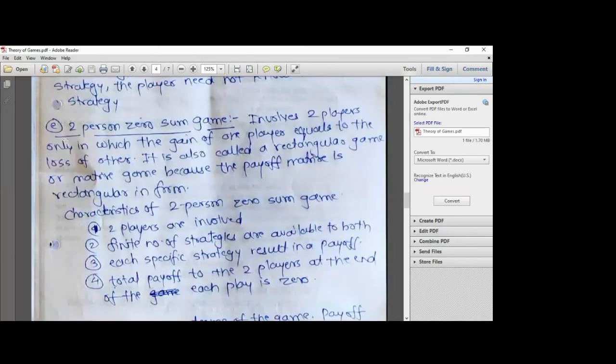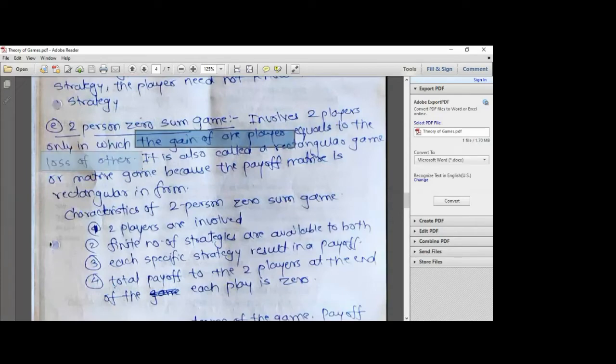It involves two players only, in which the gain of one player equals the loss of the other. I've already given the example: the gain of one of the players was +4 and the other's was -4. So +4 -4 is equal to 0. That is, the gain of one player equals the loss of the other.